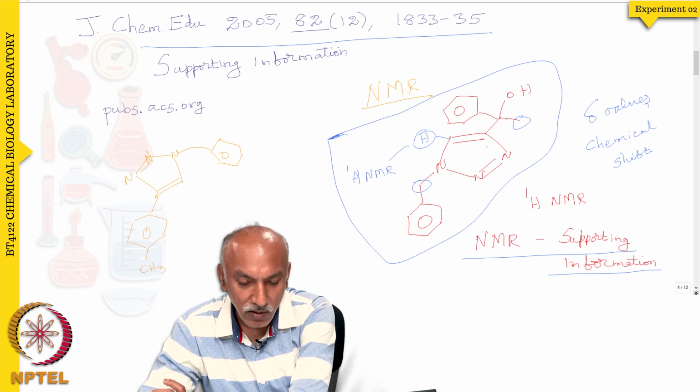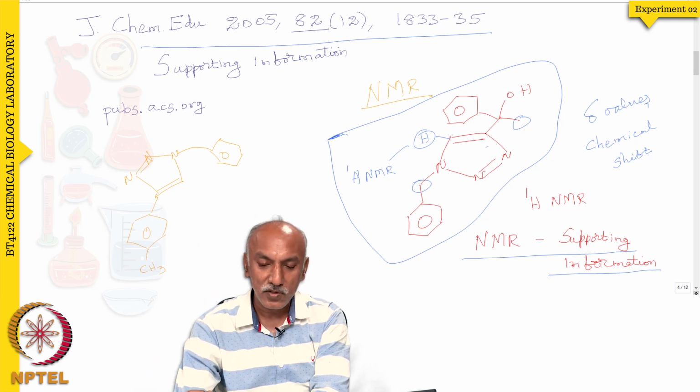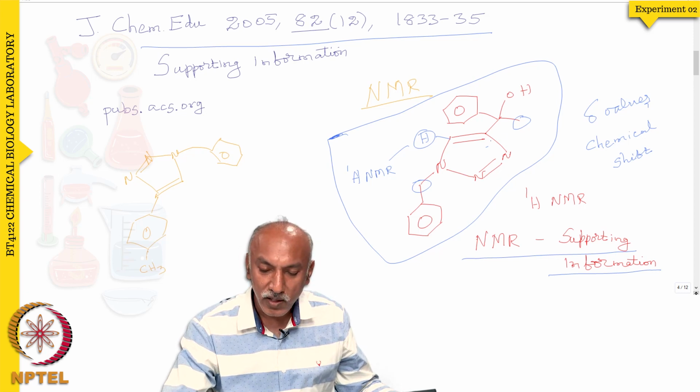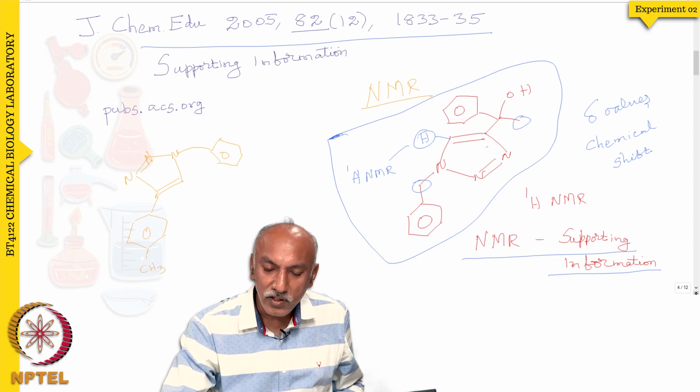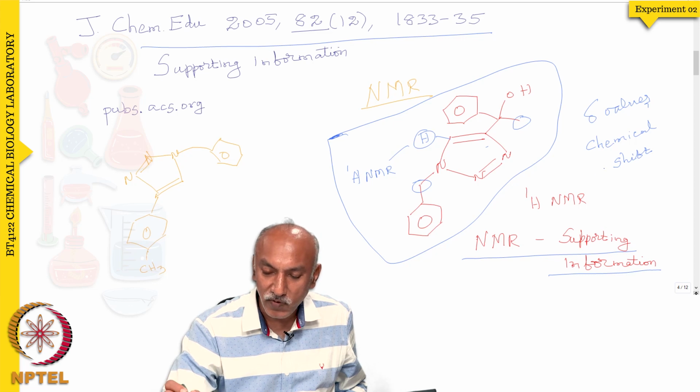Proton NMR is what we use for characterization of these triazoles, and you need to know some of these details. Tomorrow I will show the NMR and assign the peaks. I am just giving you the clues, but you have to do it for the other compounds present in the supporting information.